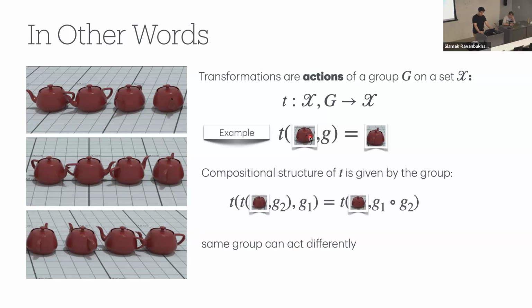So here, what we mean by the fact that the compositional structure of the transformation T is given by the group is that if we compose these transformations corresponding to G1 and G2, it corresponds to a transformation that's given by the composition of these group elements. Okay, so so far we know what a group is and how it acts on a set of objects.